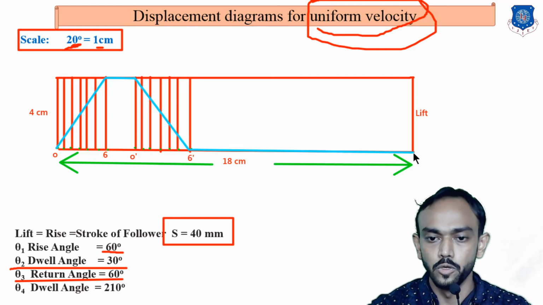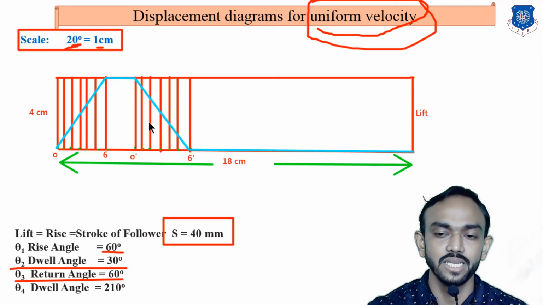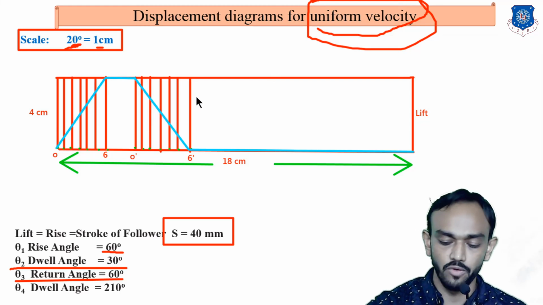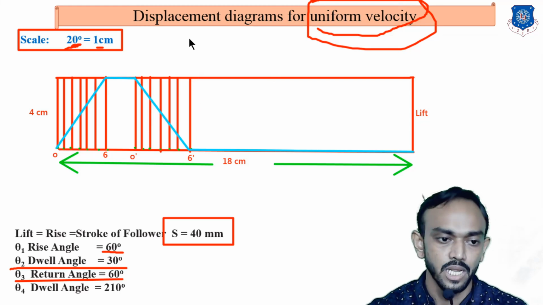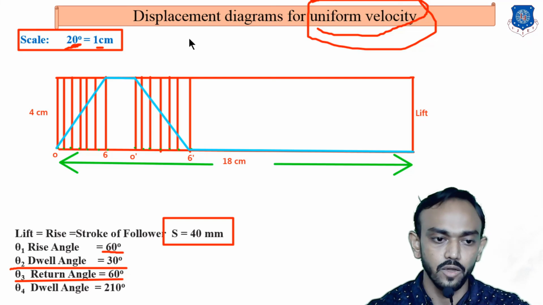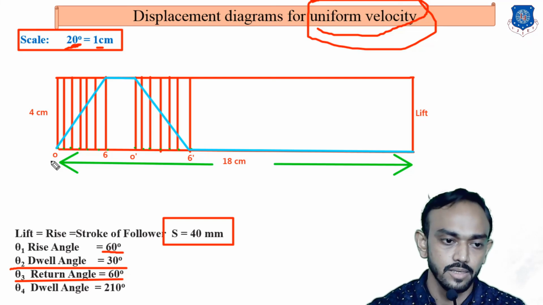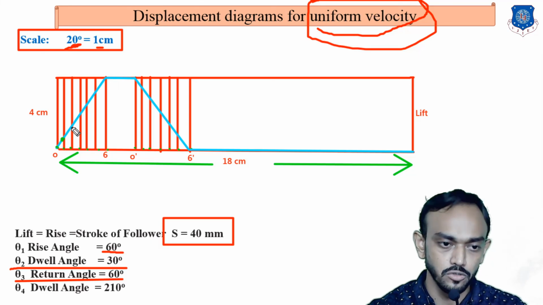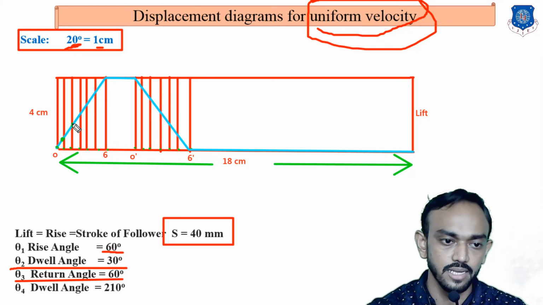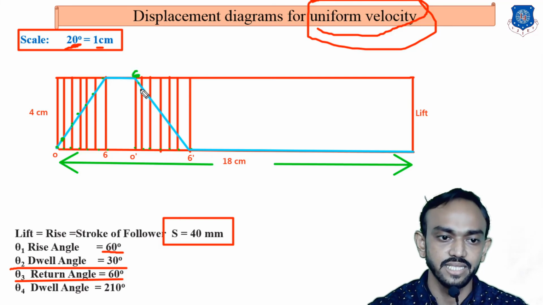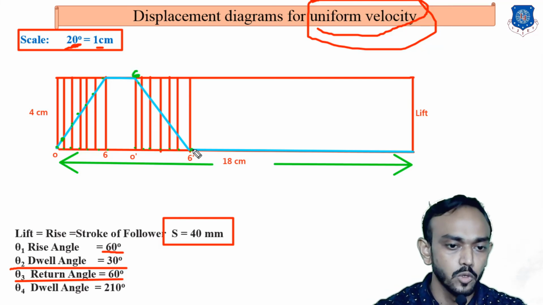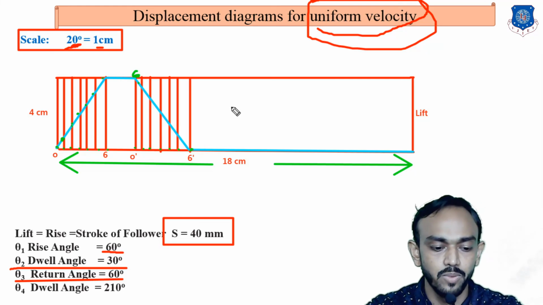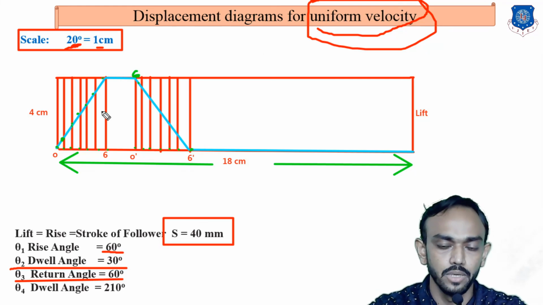So this light blue line is the displacement diagram with respect to uniform velocity. You have to remember this. We locate all these points: this is A, this point is B, the intersecting points of horizontal with inclined lines are considered C, D, E, F, G, and again here H, I, J, K, L, M, up to N. So this is the displacement diagram I am going to show you.